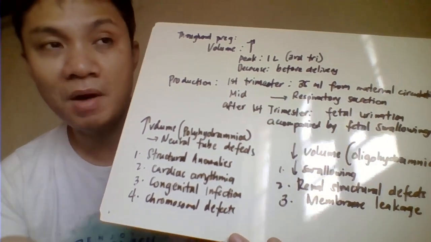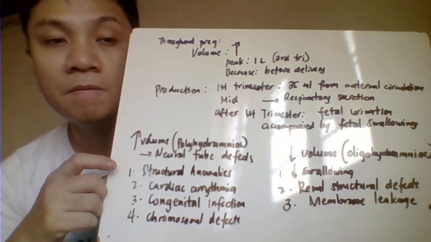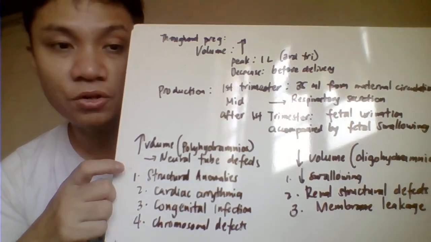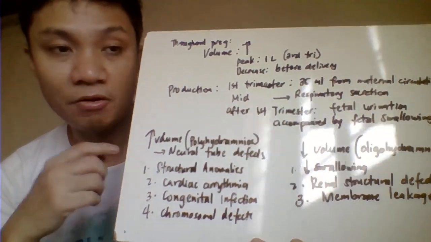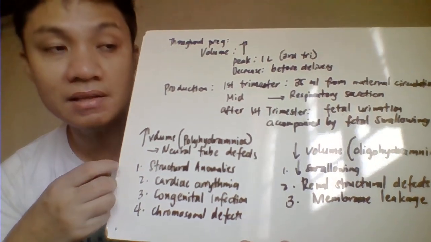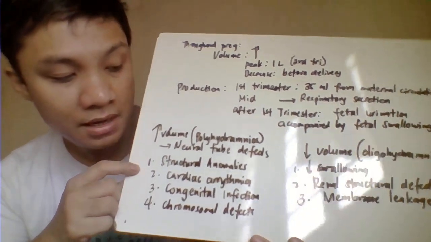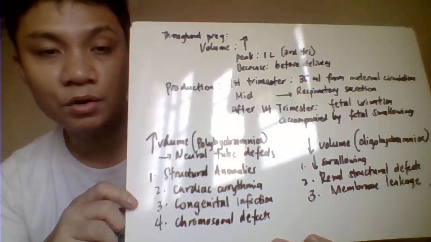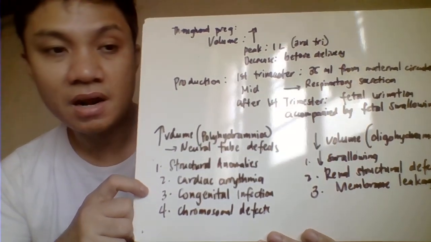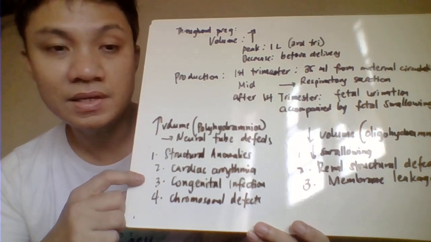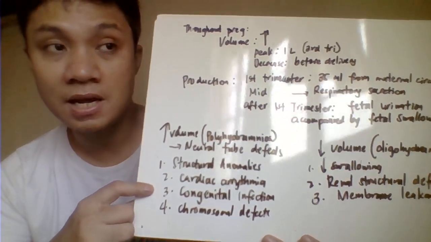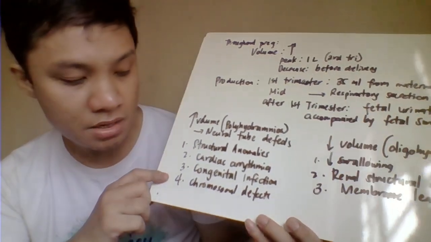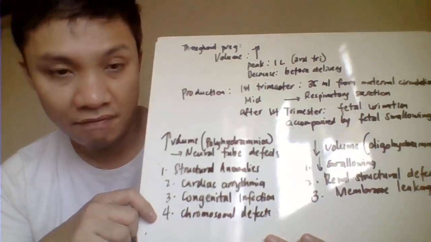Too much volume may be related to fetal distress, to neural tube defects like spina bifida or even anencephaly. And that might be related to the following conditions as well. We have structural abnormalities, cardiac arrhythmias, congenital infection, and chromosomal defects.